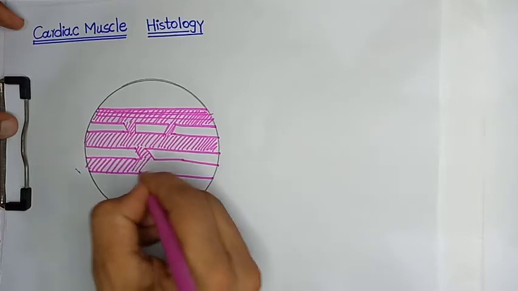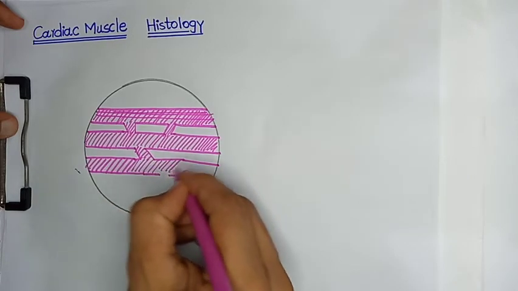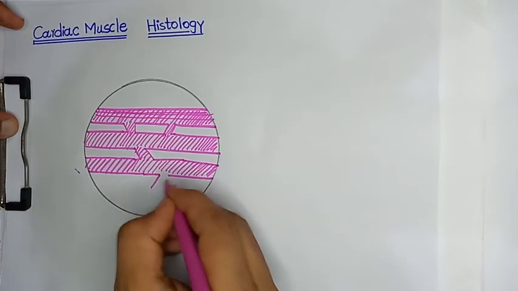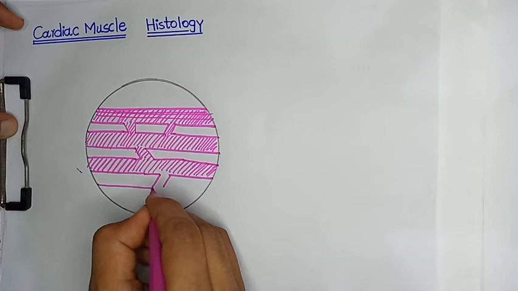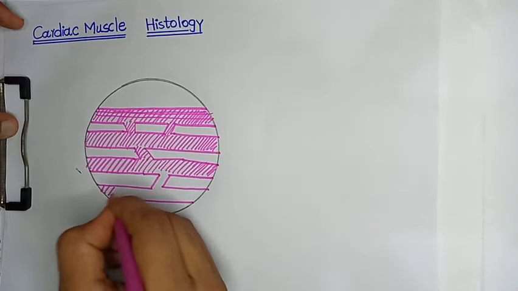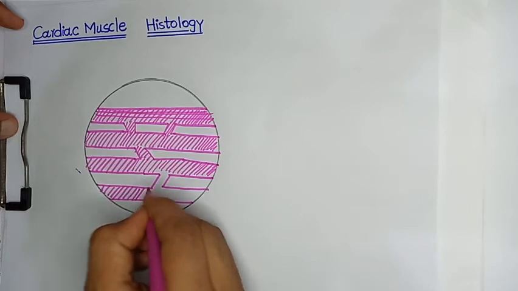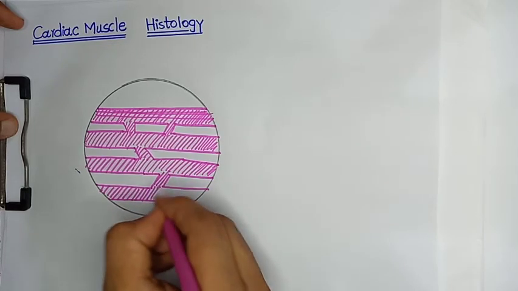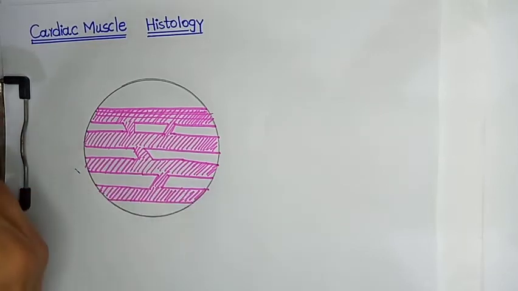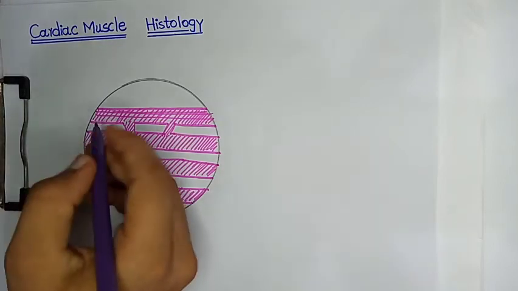Muscle fibers and the gap junctions. Again gap junctions. So this is how we can draw the histology diagram of cardiac muscle fibers.